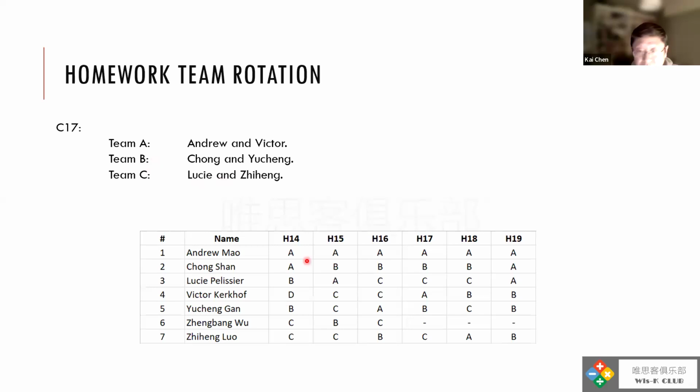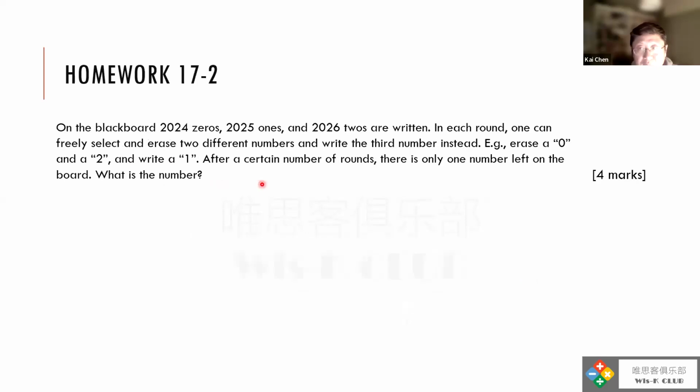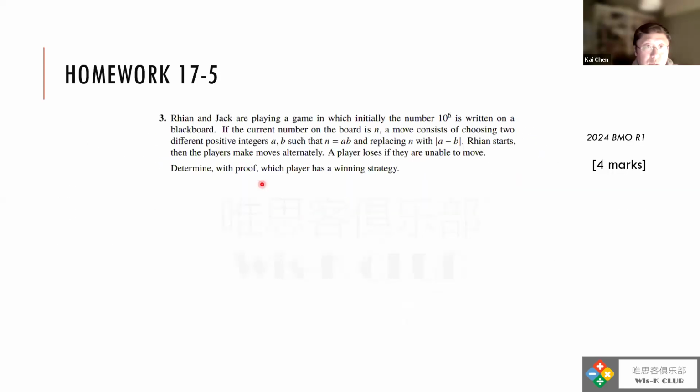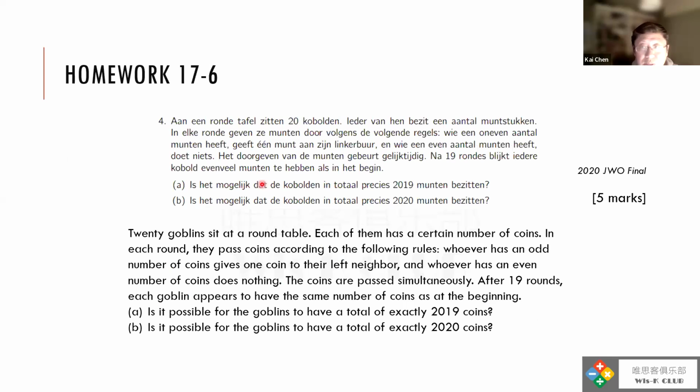For this homework, Andrew and Victor will work together, Xiaoshide and Yuchen work together, and Lucy and Dingding work together. We also have six questions where you can use the knowledge you learned today about invariance. Okay, I'm going to stop here.